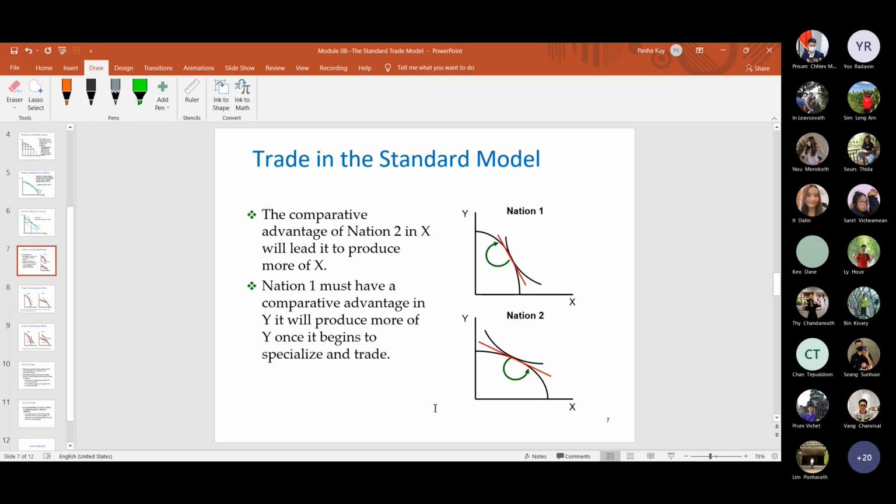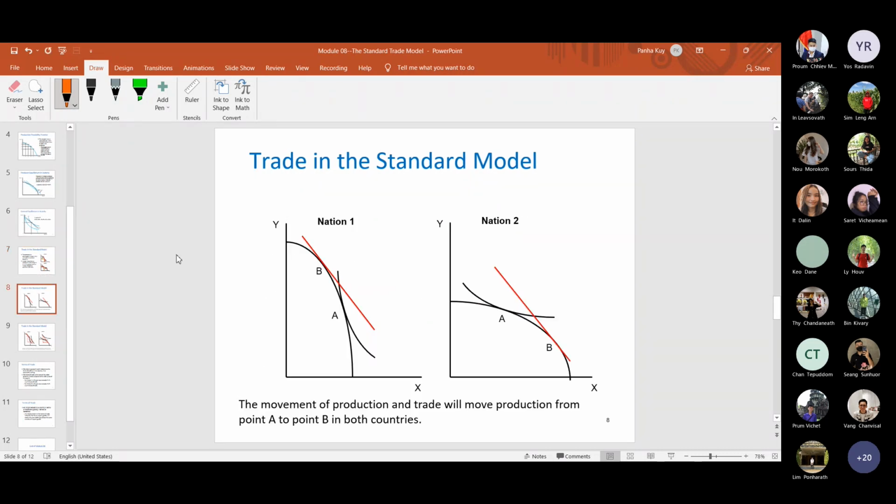See that. First, in this country we produce this, right? Nation 1 produces at the general equilibrium in autarky here, and for nation 2, they will produce here, okay? And then when they realize that, they will reallocate.